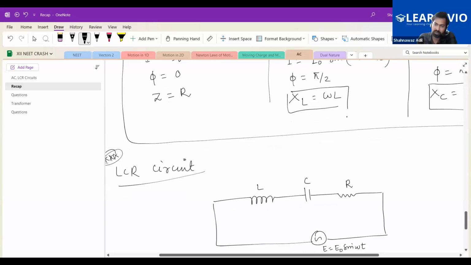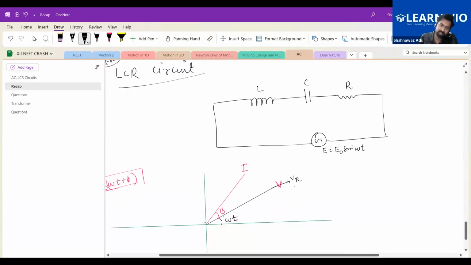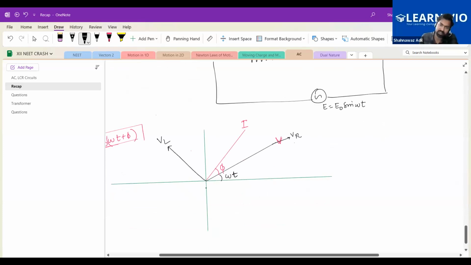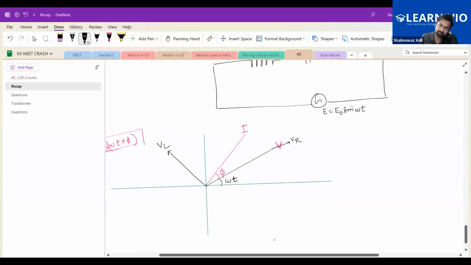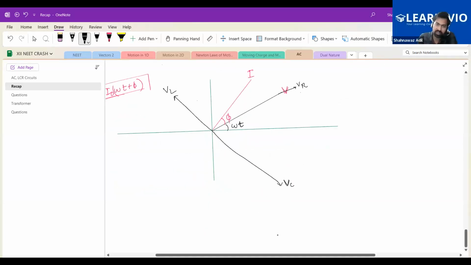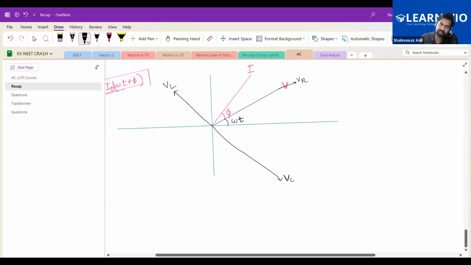So this is the inductor, and then we have the capacitor. So this is omega t plus 90, or this is minus 90, and then this is omega t plus 90, right?